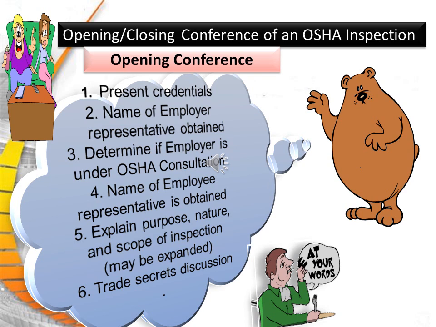He or she will determine if the employer is under OSHA consultation. The name of the employee representative will be obtained at that time. The OSHA rep will also explain the purpose, nature, and scope of the inspection, which may be expanded, and any trade secrets which the place of work may have will be discussed.